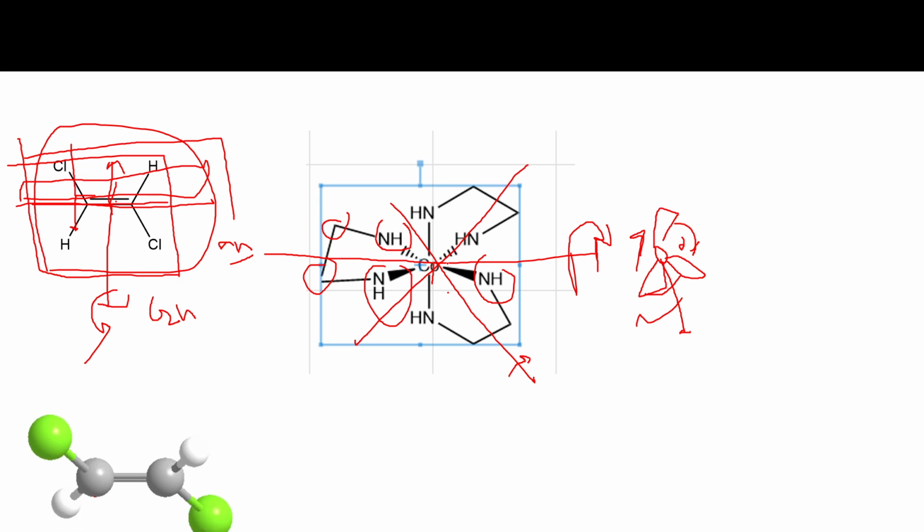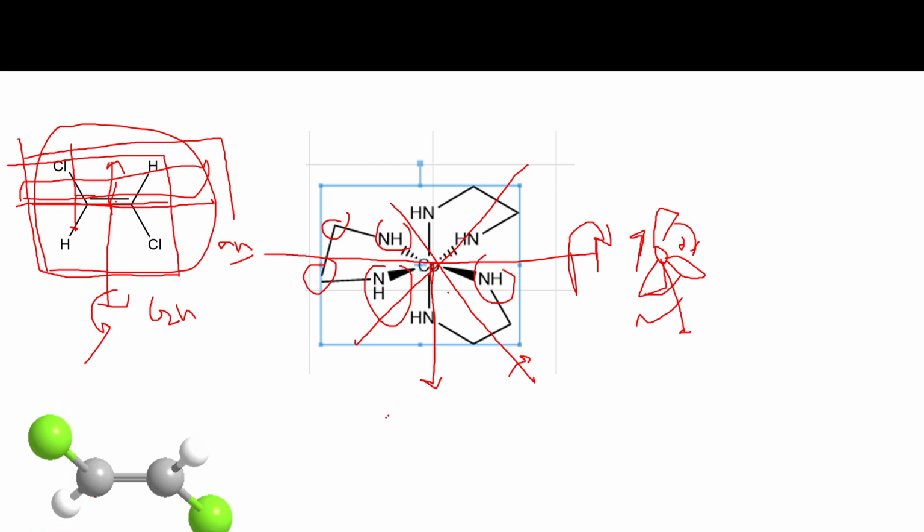So there is one C3 axis present, going through this cobalt.